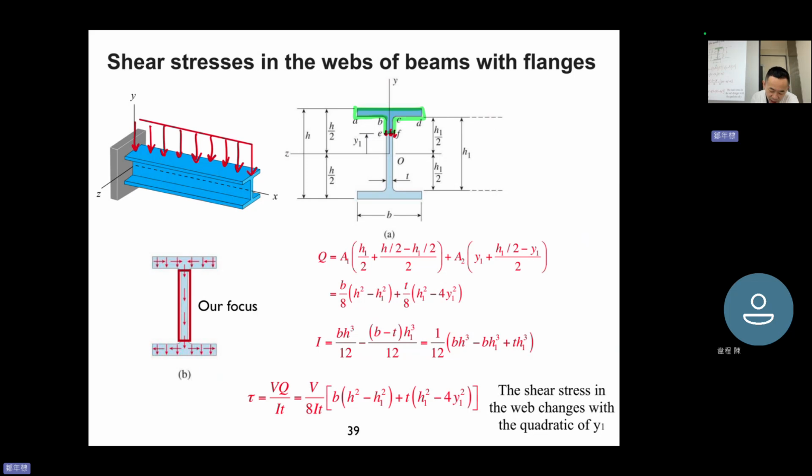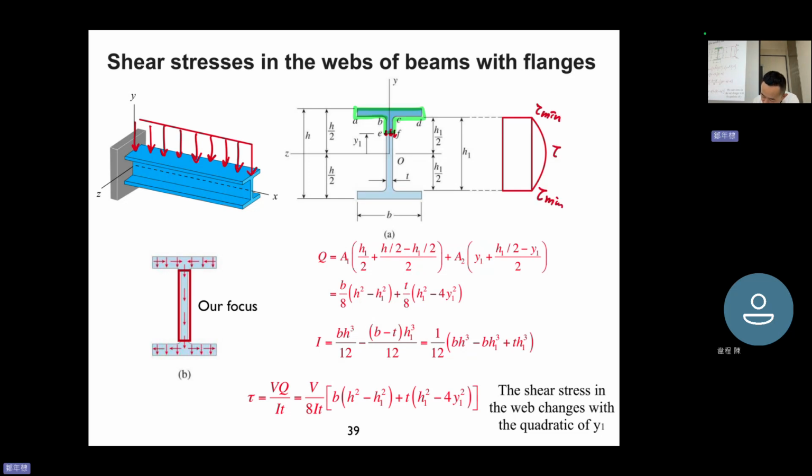Okay, so actually where we can focus is only this part. Only this part. And this is tau minima. Tau minima.